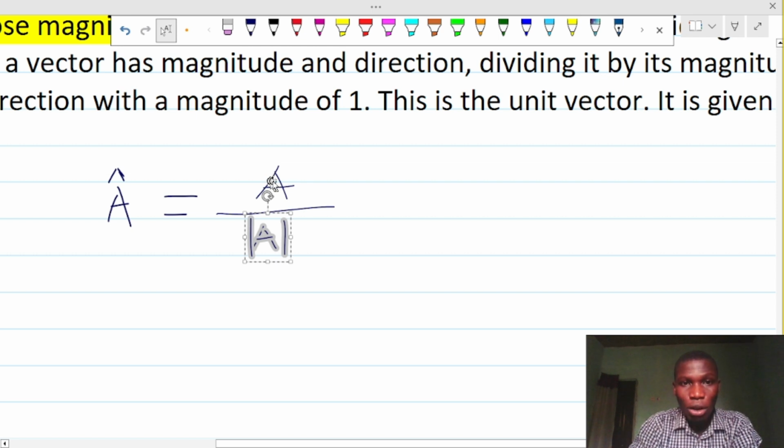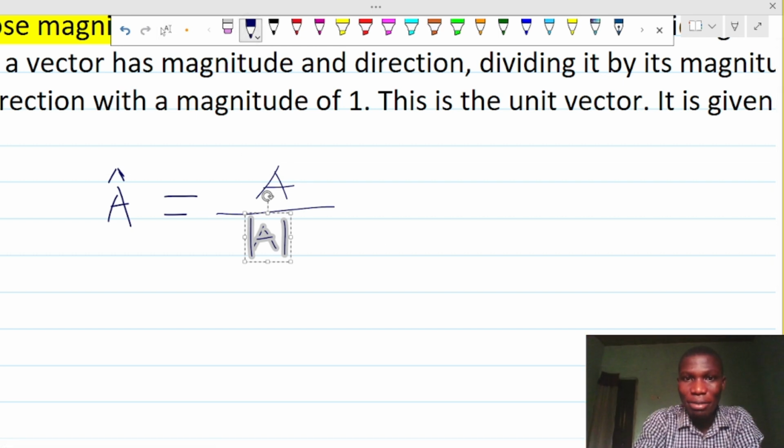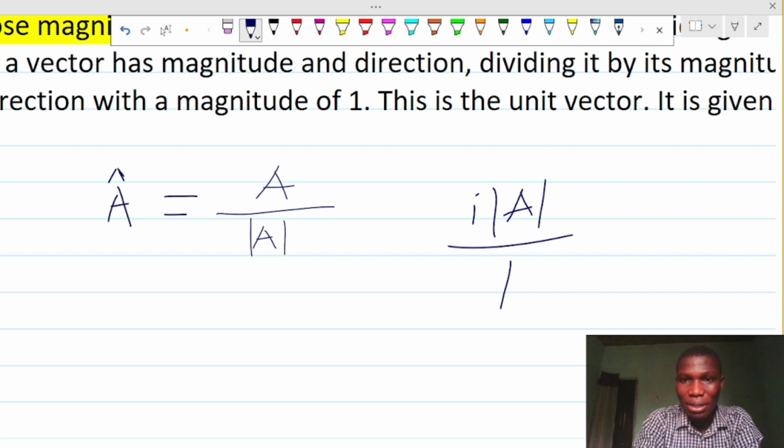Of course when the same value divides itself, the answer is 1. So if we divide a vector by its magnitude, the total magnitude of the vector will be 1. Just like saying we have magnitude here, and let me just use this as the direction. Let's say that's the direction, and then we have this.